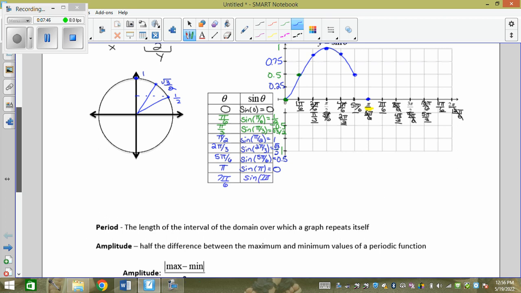Yeah, negative 0.5. So I go to 7 pi over 6 and I go down to negative 1/2. And then I do 4 pi over 3. And sine of 4 pi over 3 is negative √3 over 2, which is negative 0.866 something, so it's here.